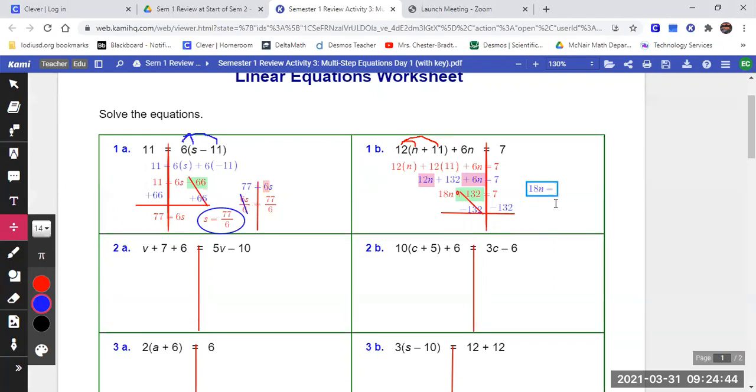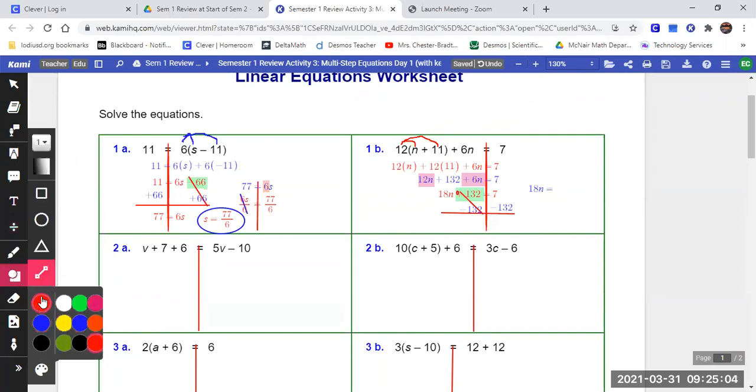Do the math. Are those the same sign? Positive 7 with negative 132? Are those the same sign? Positive 7 subtracting 132? No. So when they're not the same sign, what math do we do?